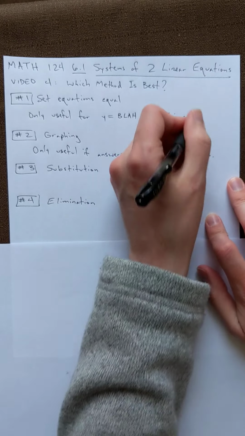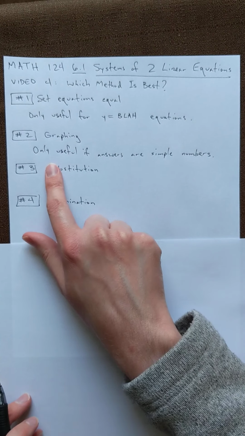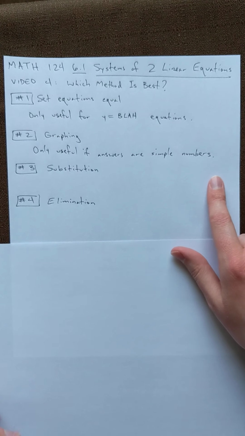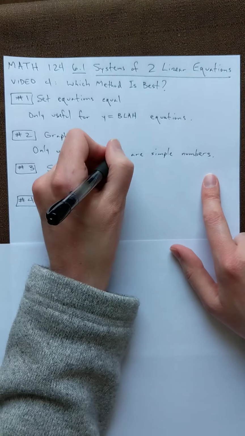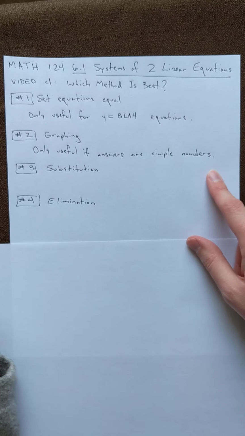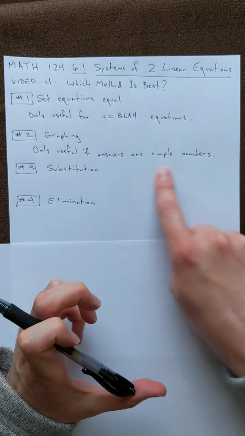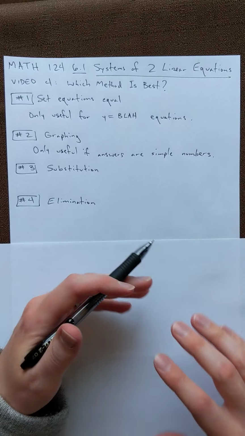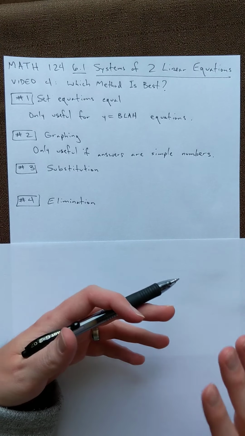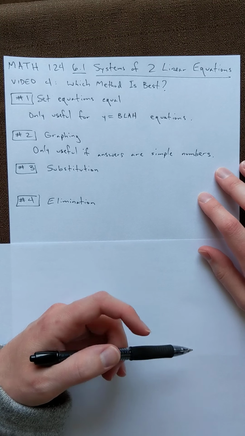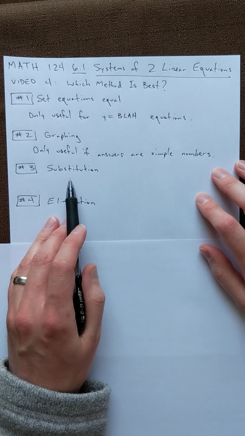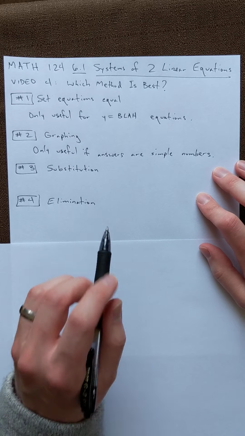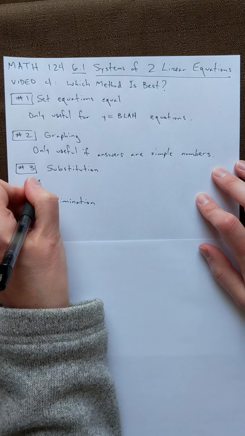And so that probably means graphing is going to be my last fallback plan, because how do I know ahead of time if the answers are going to be simple numbers? I can't. So I don't think I'm going to graph most equations unless I just want a ballpark. If knowing the answer is between 2 and 3 is good enough, great, then I can graph it and get an approximation.